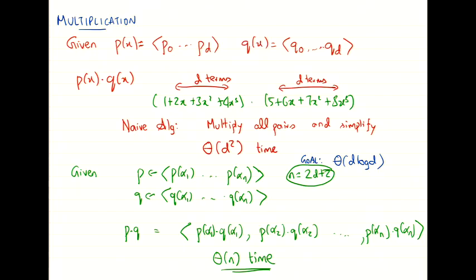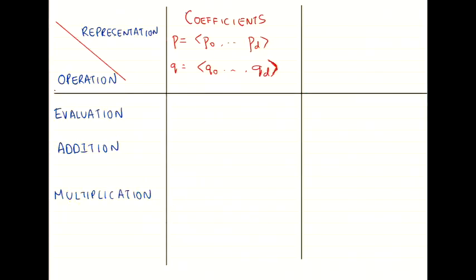So the question now is, here's a situation. We have two different representations of the polynomial. One is coefficients, the other is evaluations. In evaluations, you just get p of alpha 1 through p of alpha n, and then q of alpha 1 through q of alpha n.